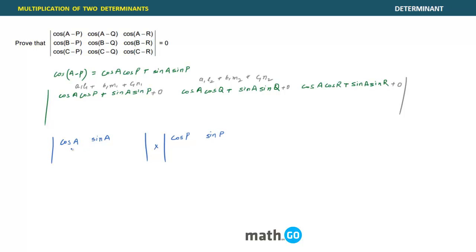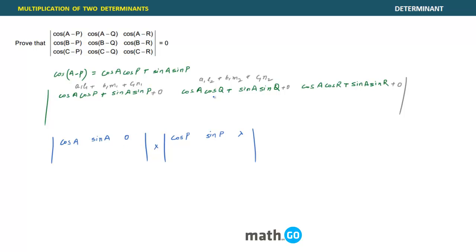If you start multiplying row 1 with the elements of row 1, you will get cos a cos p plus sin a sin p, which is completely valid up to this point. But you do not want any term here, so I can say this is 0. I do not know whether there will be any term here or not, so I just put lambda, because whatever value you put here, this will come out to be 0.